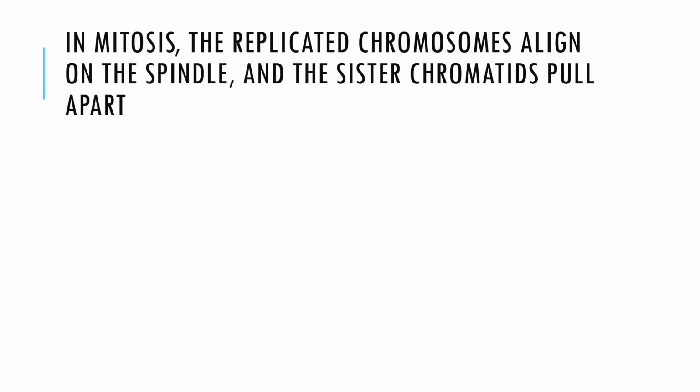Now let's take a look at the detailed process of mitosis. This process is conventionally divided into four stages. We have prophase, metaphase, anaphase, and telophase, abbreviated as PMAT. The stages have the following characteristics.